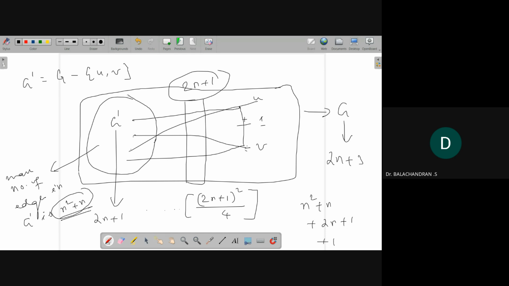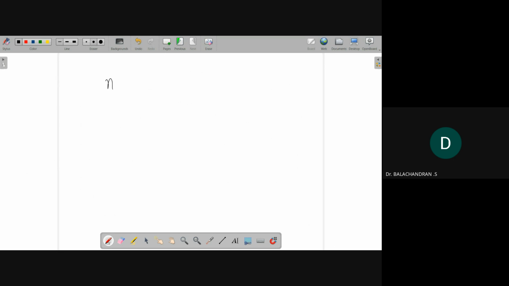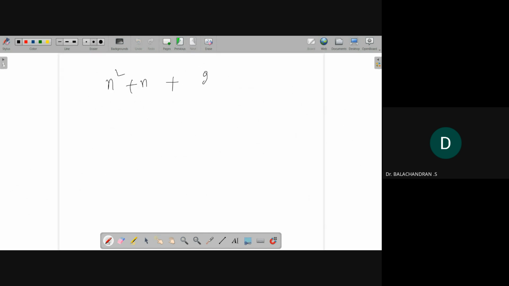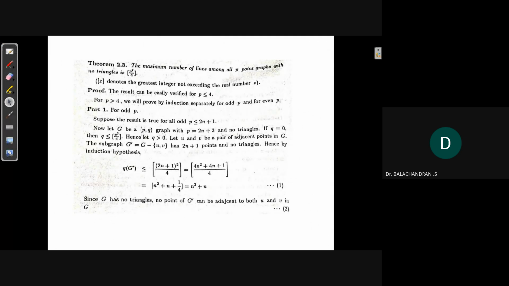The 1 is this UV. Maybe I'll write here n square plus n plus 2n plus 1, plus 1. This is actually Q of G maximum. Q means the number of edges in G. You can check it in the next slide.